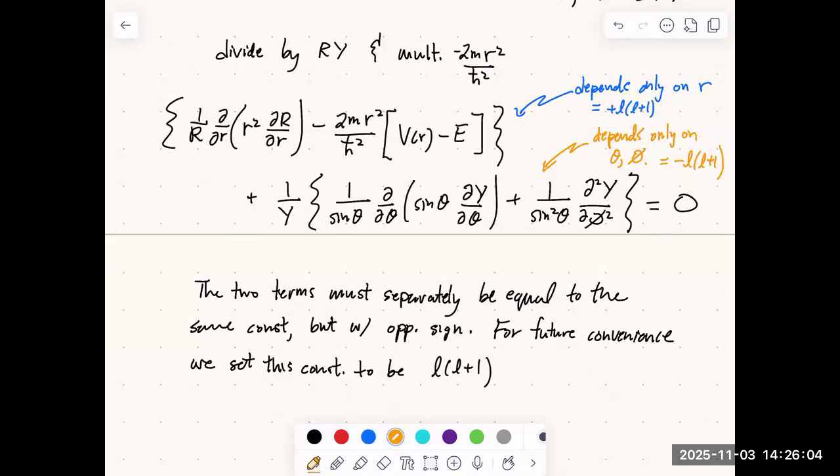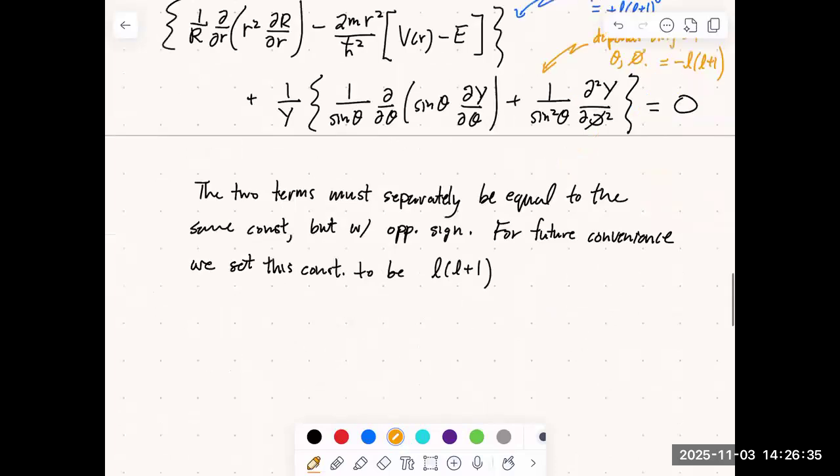Notice here that when we pick a potential, it only affects the radial term. It doesn't do anything to the angular term.